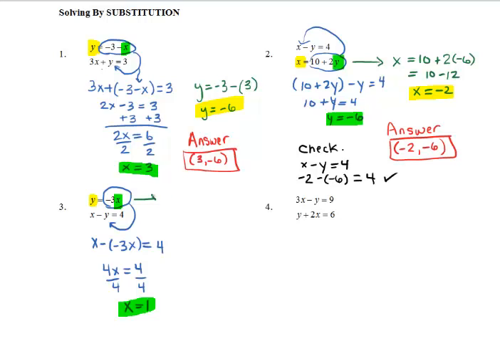And so y is going to equal -3 times x, but instead of x, I'm going to put 1. So y equals -3. That gives me a final answer of 1, -3 for my ordered pair or my point of intersection for these two linear equations.